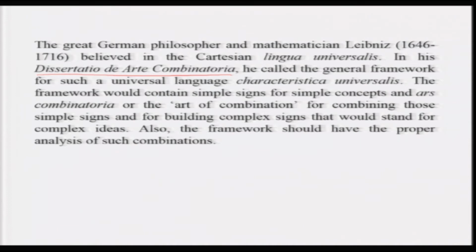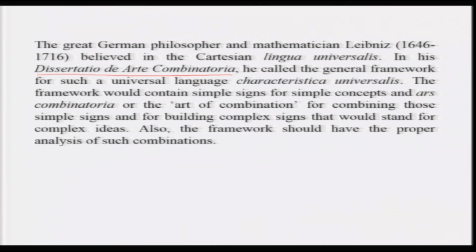He called the general framework for such a universal language characteristica universalis. The framework would contain simple signs for simple concepts and ars combinatoria, or the art of combination, for combining those simple signs and for building complex signs that would stand for complex ideas.